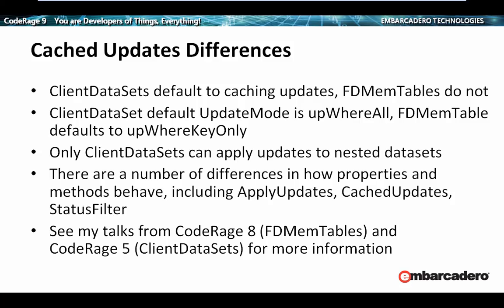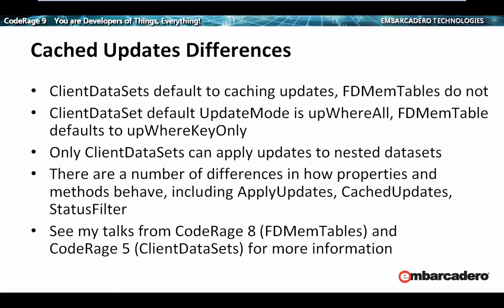Update where all uses the key fields of the underlying data table, as well as all non-blob fields in the where predicates of your update statements. So basically what that assures is that if the record has changed since you read it into the client dataset, update where all will fail.